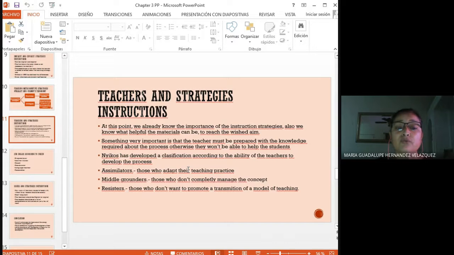Assimilators are those who are adapted to the teaching practice and agree with using strategy instructions. Middle grounders are those who are using it but not completely, they don't completely manage the concept. Resistors are those who don't want to promote a transmission model of teaching.